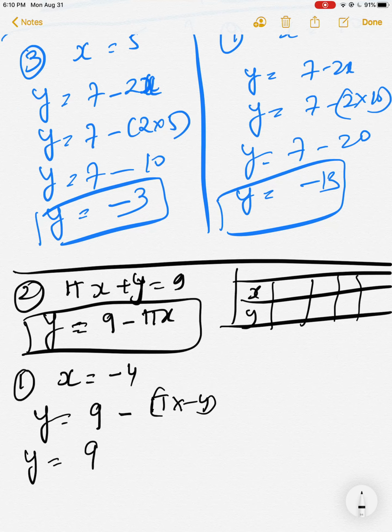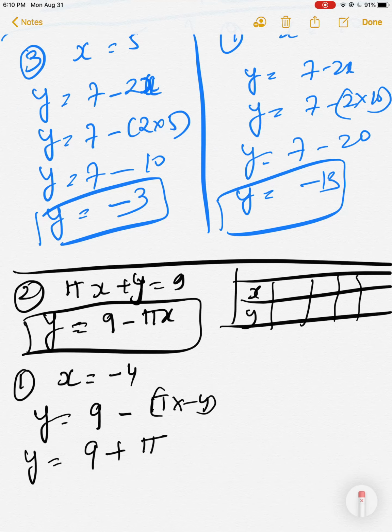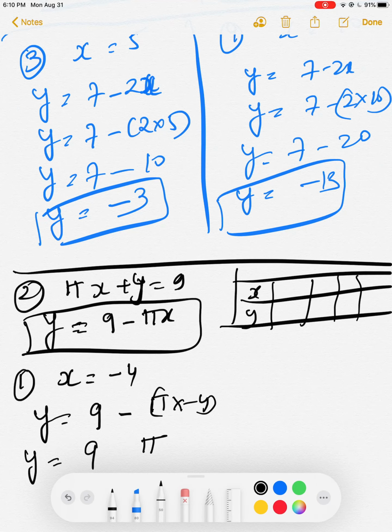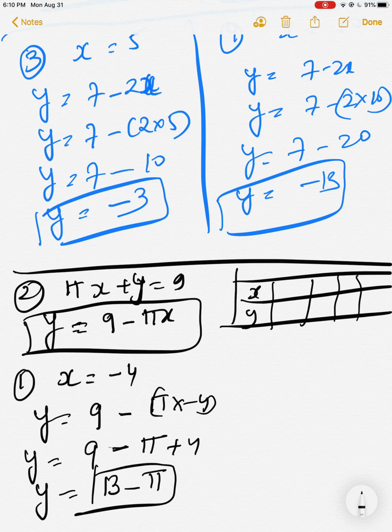Minus into minus is plus, so y is equal to 9 plus 4 pi. Here we cannot add, because pi value will remain as pi value only.